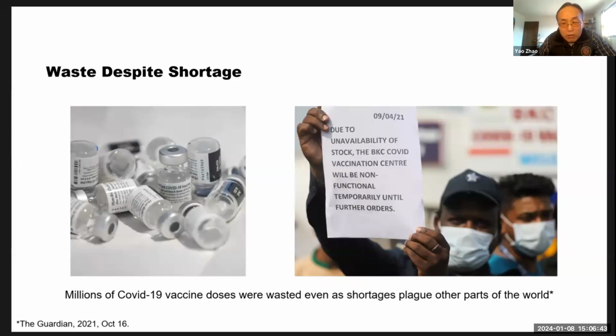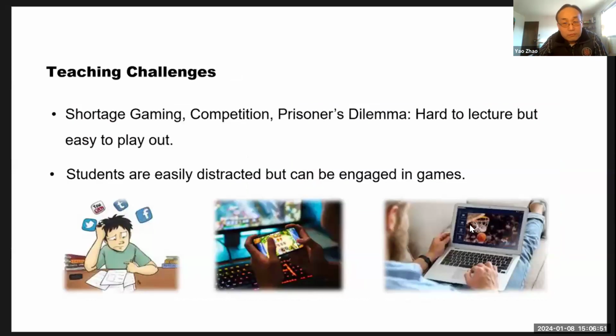Students need to learn the causes of these problems and also know how to handle them. Topics such as shortage gaming, supply competition, or the prisoner's dilemma are really hard and dry to teach by lectures, but they can be easily played out.